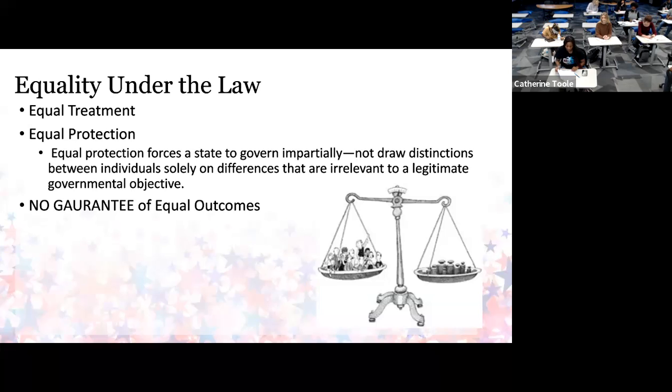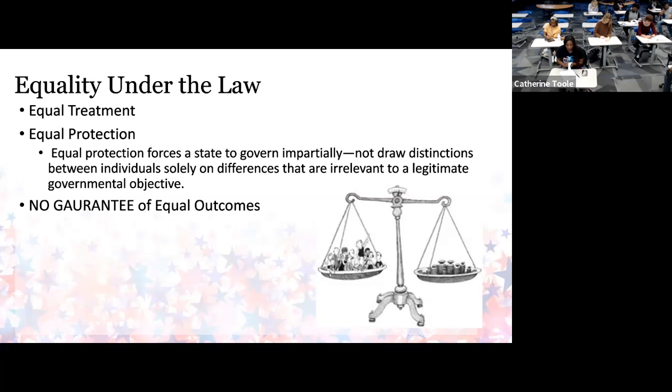So sometimes what the judges have to rule on is whether it is a legitimate government objective. But laws should, now we know this has not been perfect in our history. That is one thing I always like to remind people. These are the ideals. The ideals have not been met for much of history, but these are the ideals that these things were founded on.